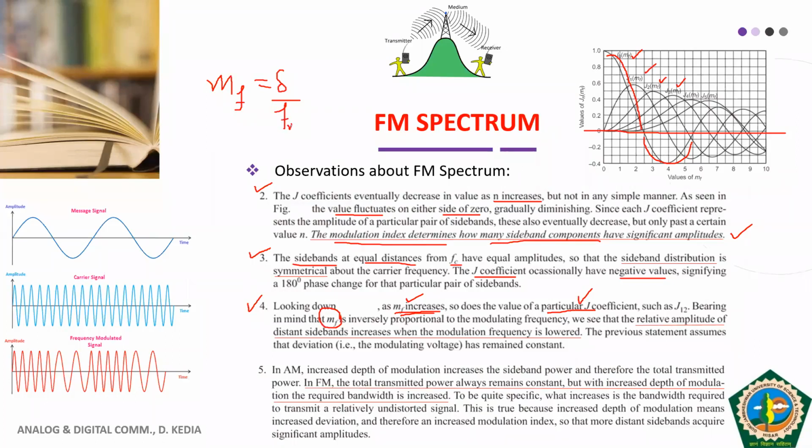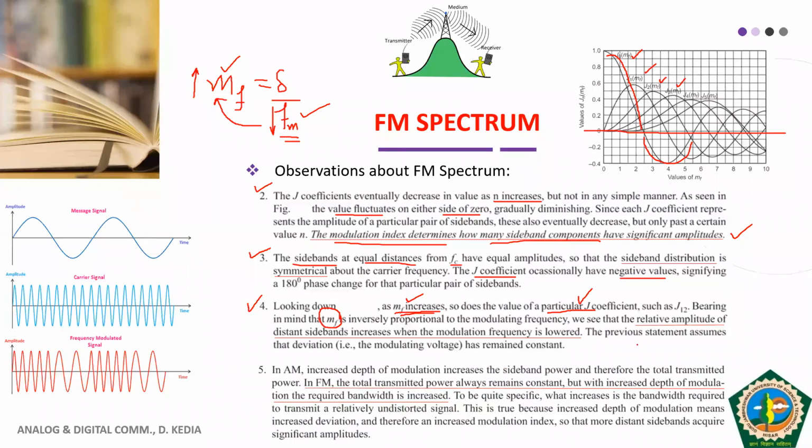So from here we can see that modulation index is inversely proportional to modulating signal frequency. That means your modulation index value will increase when your modulating signal frequency decreases. So if you lower modulating signal frequency, indirectly that leads to an increasing value of modulation index.